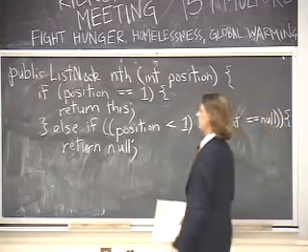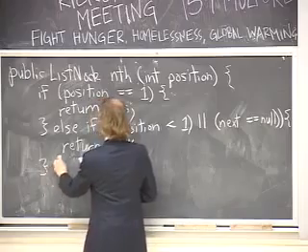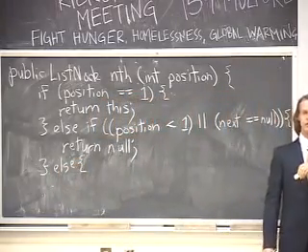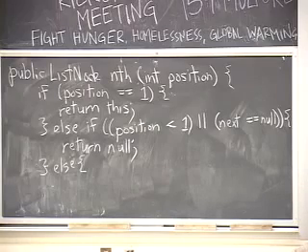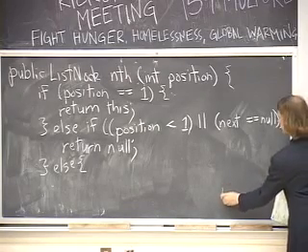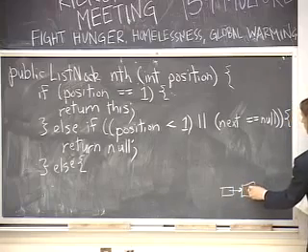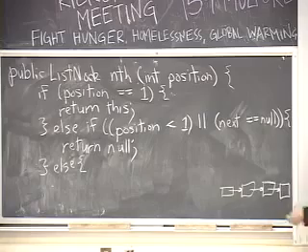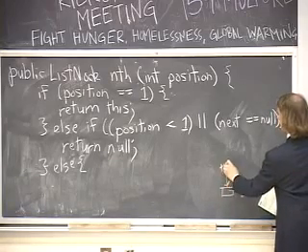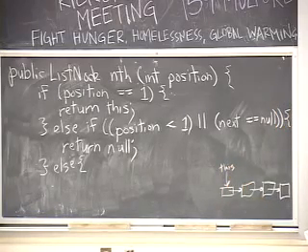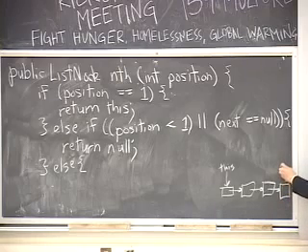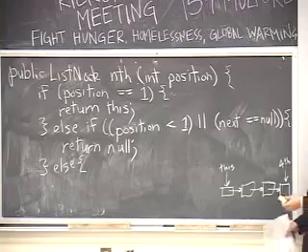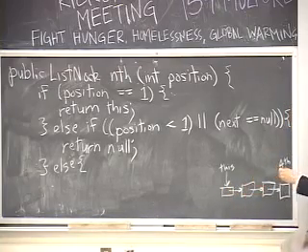But if neither of those things are true, then we're going to use recursion. So the idea is, I'm going to jump to the next item in the list. If I have a list like this, okay, what is the 4th item in this list? Here's the 4th item in this list. So what I'm going to do is look at the list that starts at the next node.